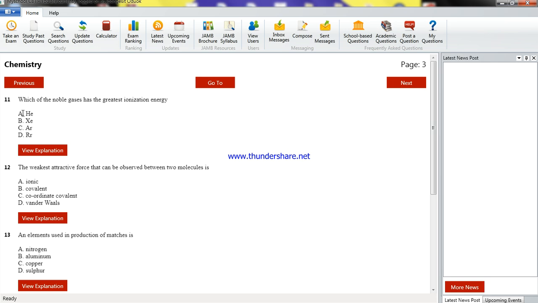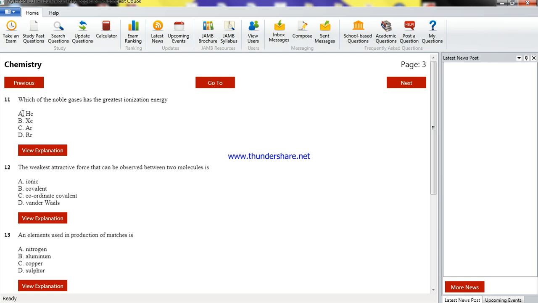Factors that affect ionization energy, I think there are about 3 of them. We talk of the distance of the outermost electron from the nucleus, the size of the positive nuclear charge, and the screening effect. Helium has just one shell, the K shell, and that shell is the closest to the nucleus.